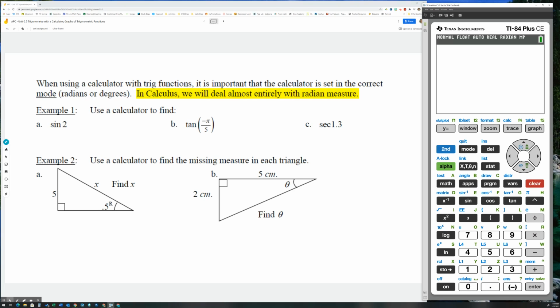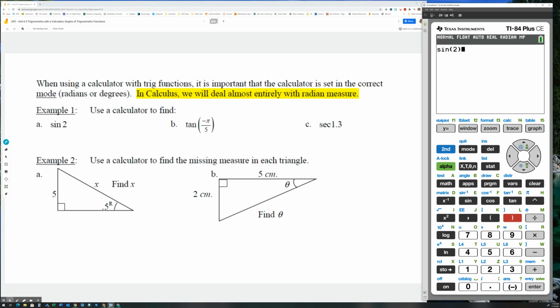Now, the calculator has the three standard trig functions above the number pad: sine, cosine, and tangent. If we were going to use the calculator to find these values for our first example, this is how we would do it. I press sine, and it gives you the parenthesis already, so everything within there is what the calculator is going to look at.